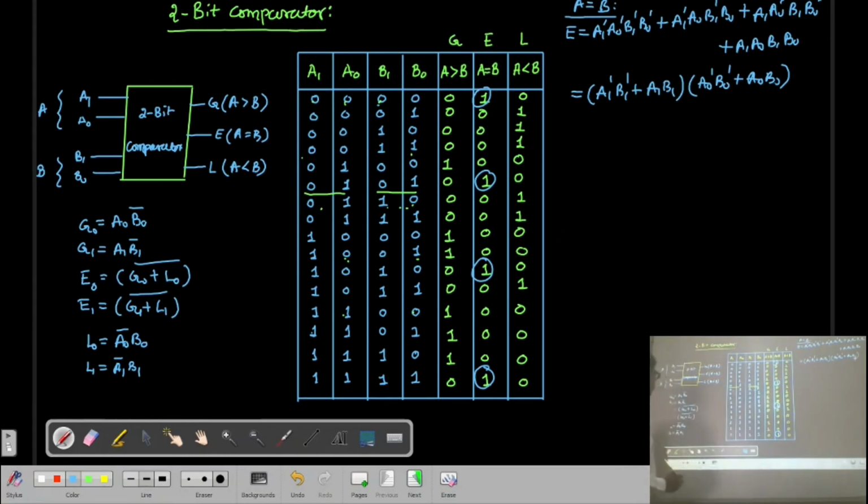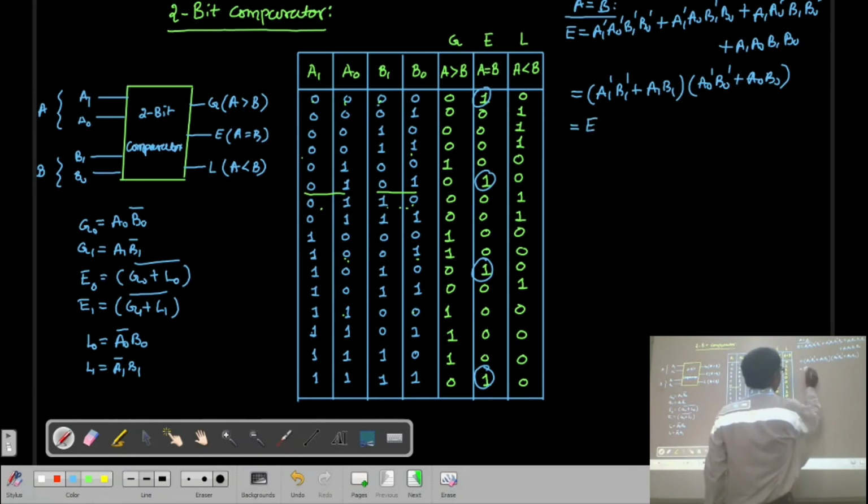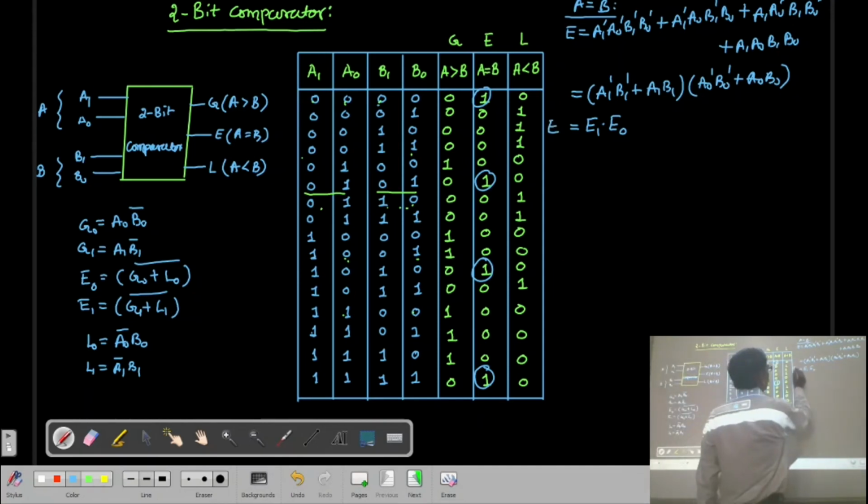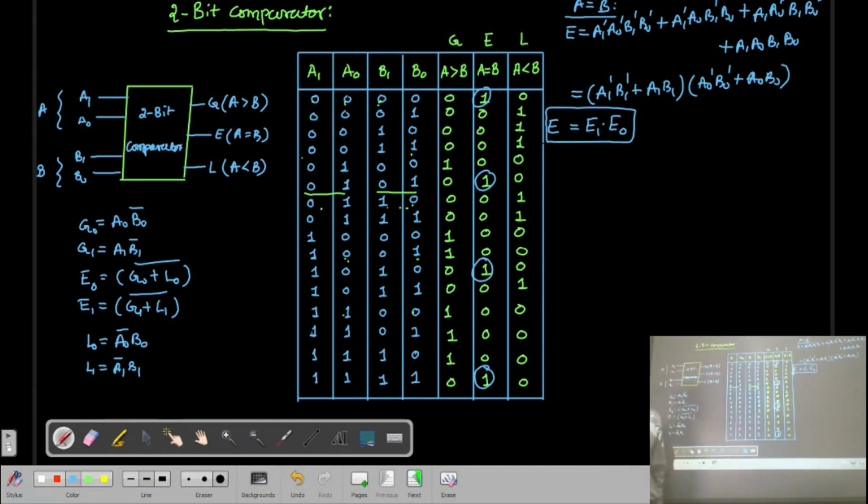Here you can see that the expression A1' B1' plus A1 B1 is nothing but E1, and likewise E0. You can see this kind of expression in a one-bit comparator. Correct? So E is equal to E1 into E0.